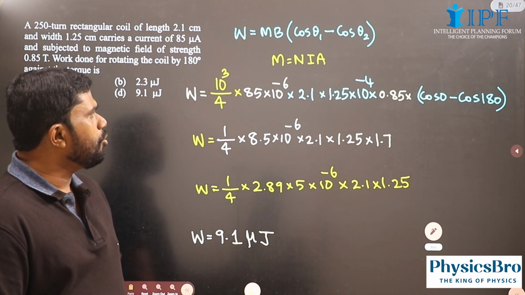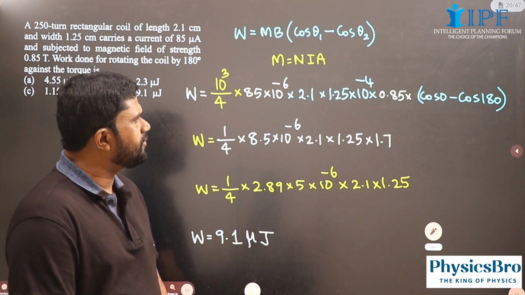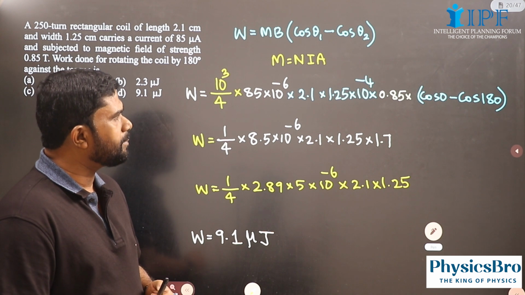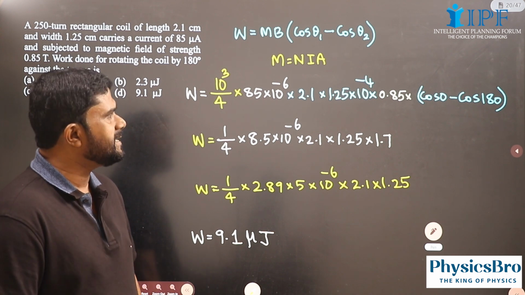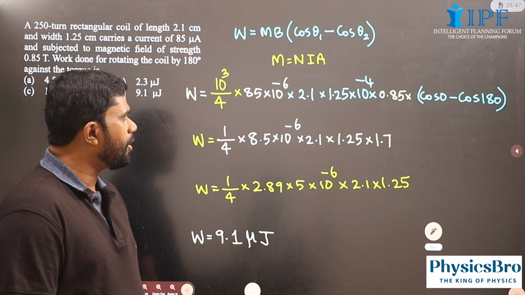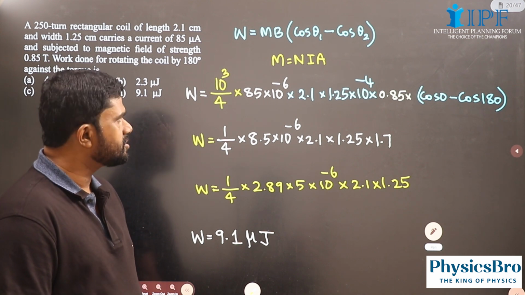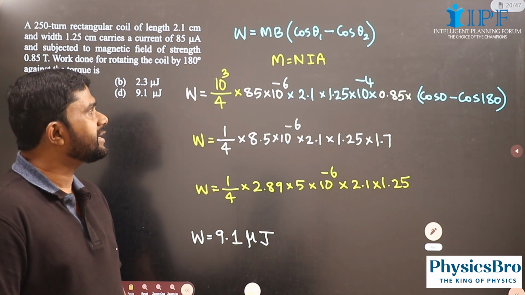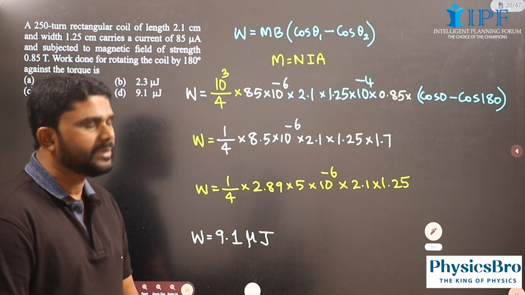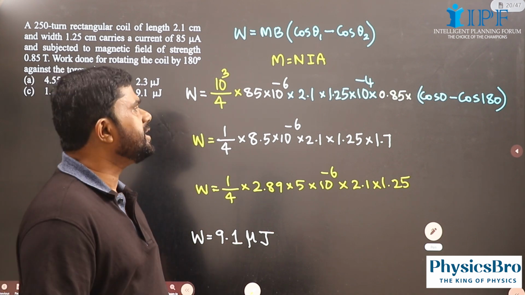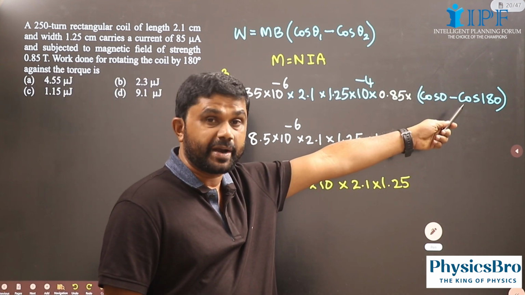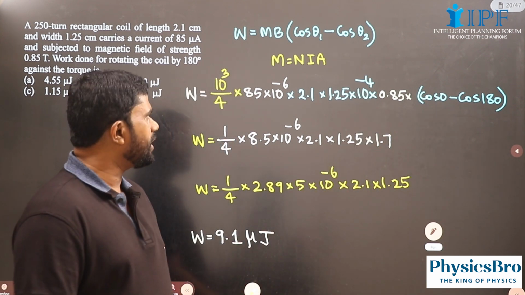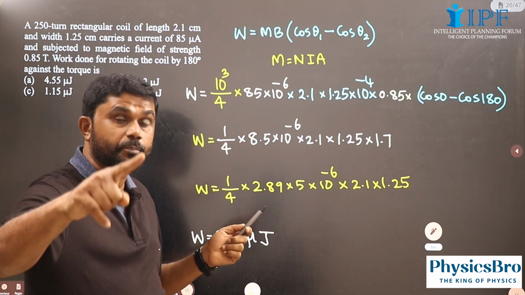Now see, this 85 can be written as 8.5 into 10.